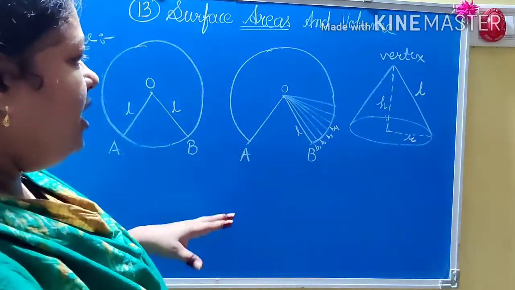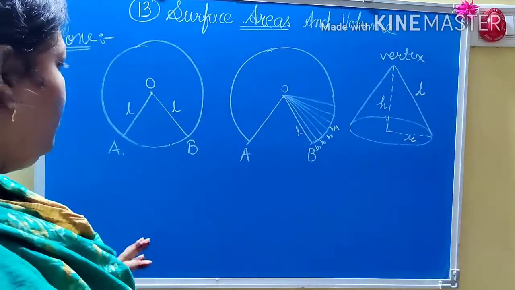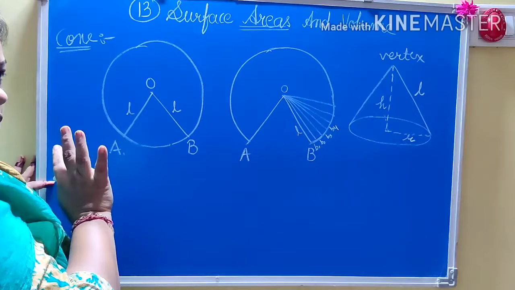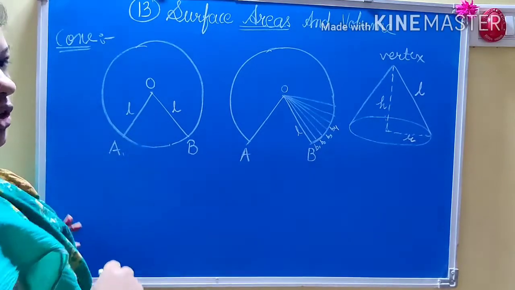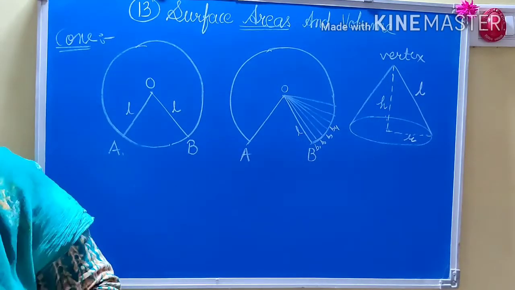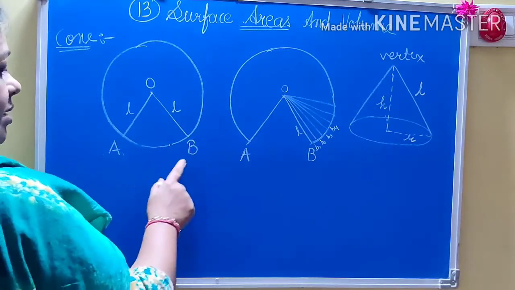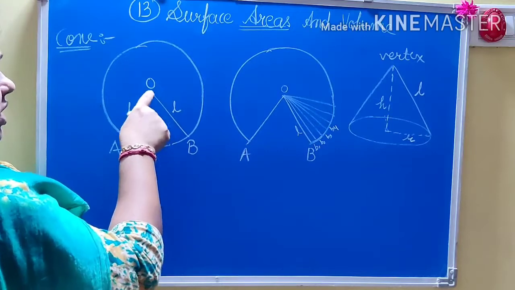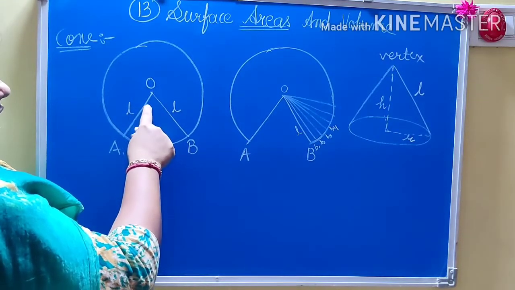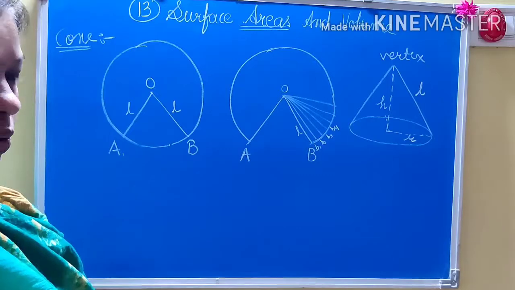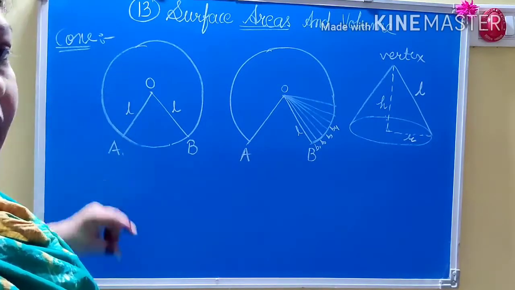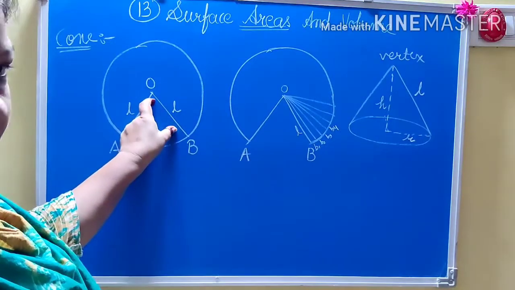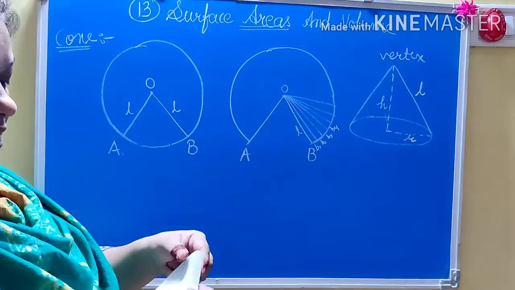Now let us try to find the CSA of a cone. For that, we will take a circular piece of paper and mark points A and B on its circumference, and then join these points to the center O of the circle. In that way we get two line segments OA and OB, which are radii of the circle, and we take the radius of the circle as l.